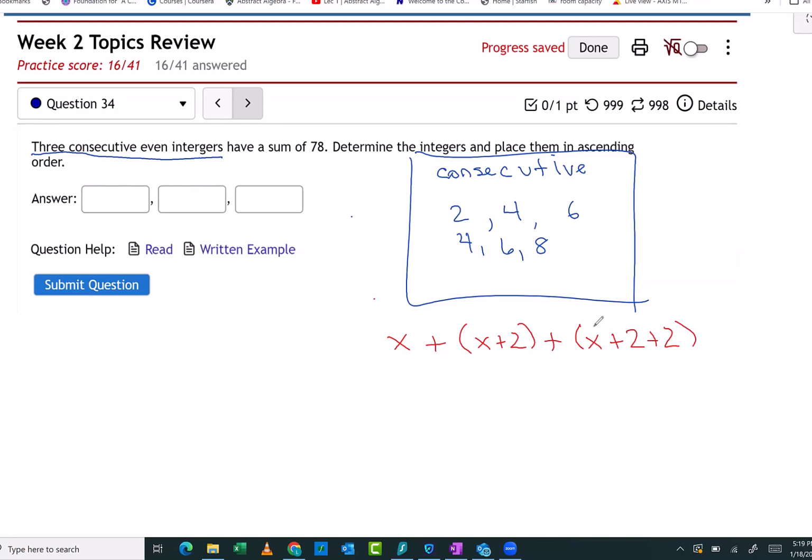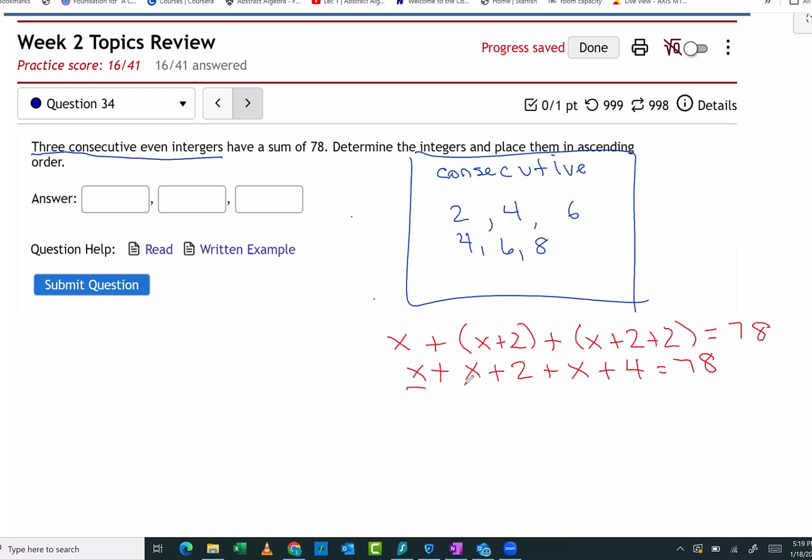And have a sum of 78. That means it equals 78. I'm going to now add these all together and solve for x. So I have x plus 2 plus x plus 4 equals 78.